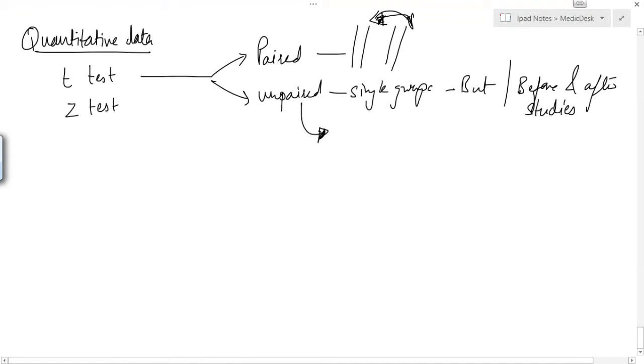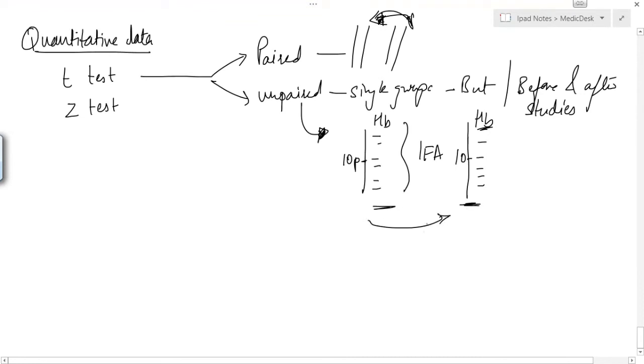This can be given as an example: 10 people with their hemoglobin measured. After giving them IFA tablets, we find out again the change in hemoglobin in those 10 patients. So the patients remain the same, and we compare before and after effects. That's the paired t-test.